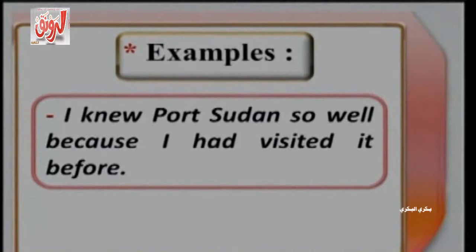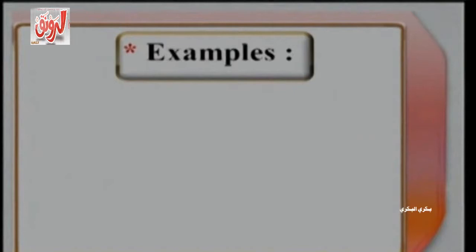Sometime earlier, of course. You visited Port Sudan earlier, so you know it very well. For this reason, he says, I knew Port Sudan so well because I had visited. I had visited means I came there before, and then I got the knowledge about Port Sudan.